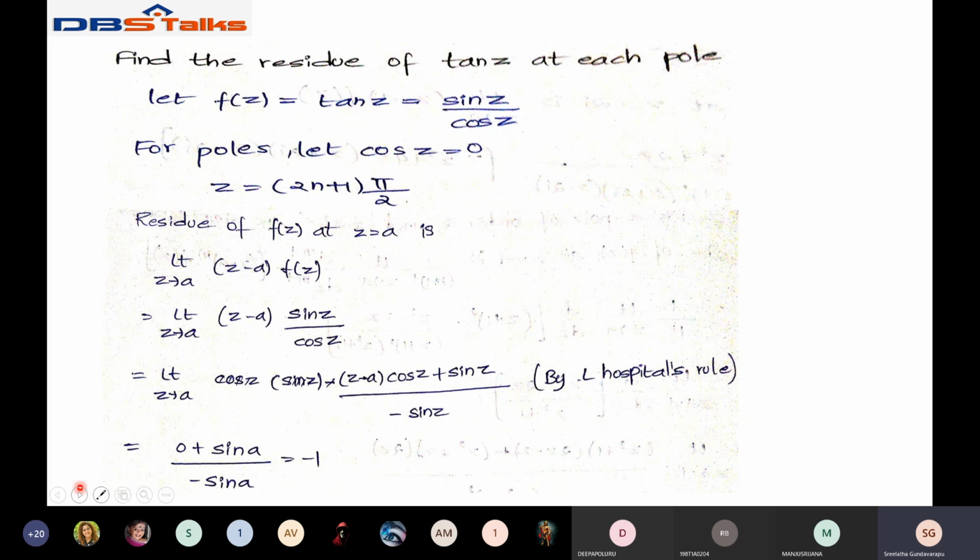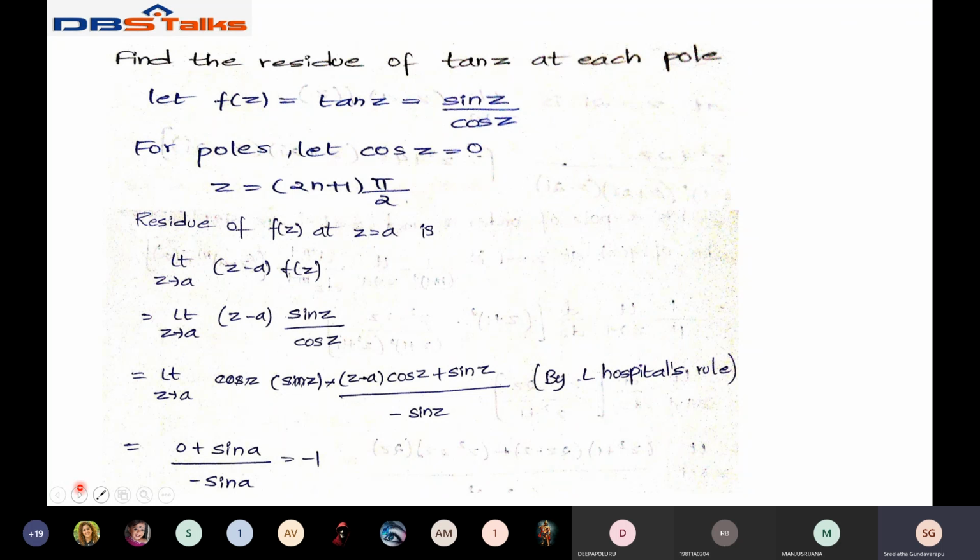So in general, let the pole be z equal to a. So we have to find the residue of f(z) at z equal to a. So formula is limit z tends to a of (z-a) into f(z). f(z) means tan z. Tan z is sin z/cos z.